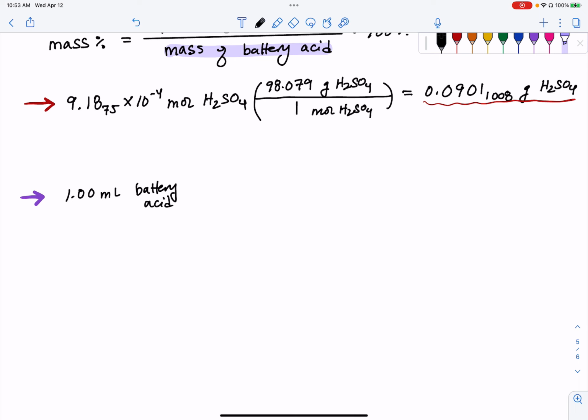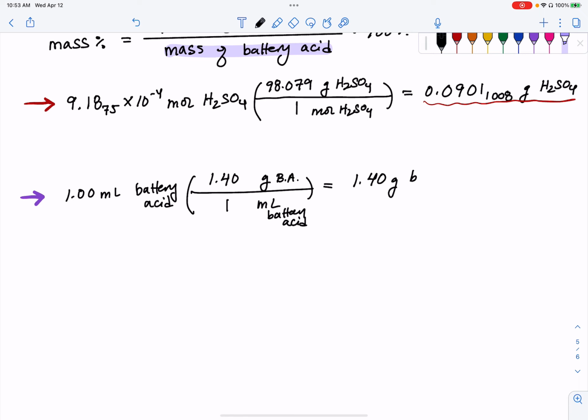So if I were to set up this unit conversion, I want to get rid of my milliliters of battery acid to be left with grams battery acid, and that was 1.40 grams per 1 mil. So taking 1 and multiplying it by 1.4, this gives me 1.40 grams of battery acid.